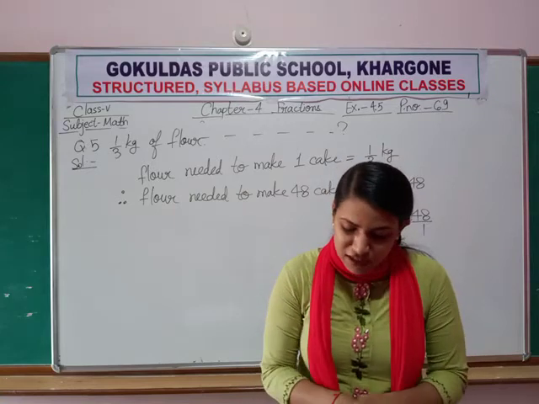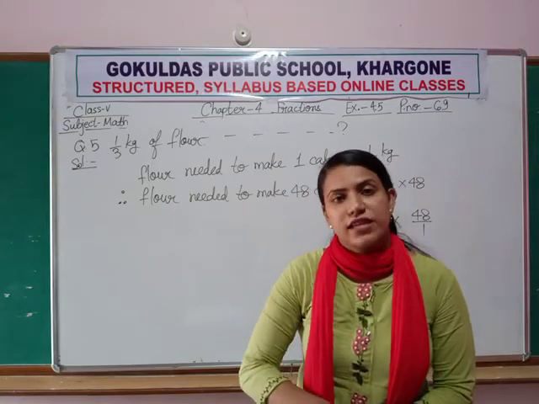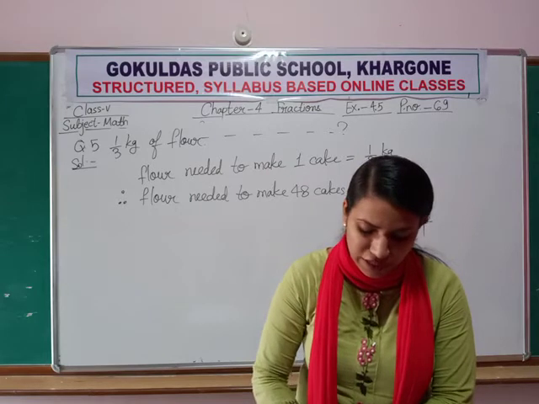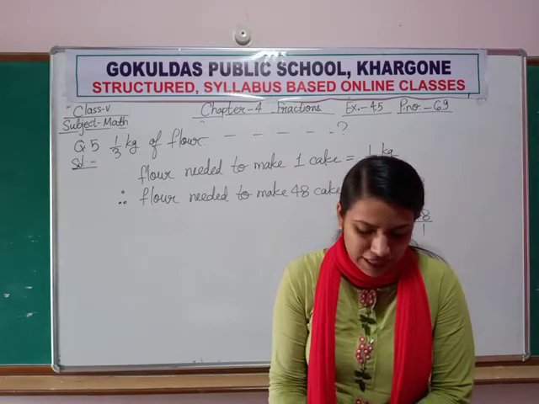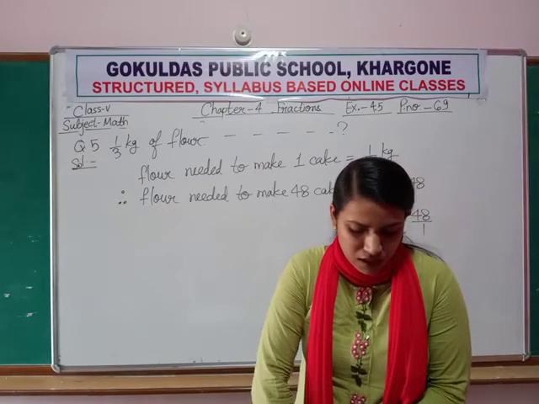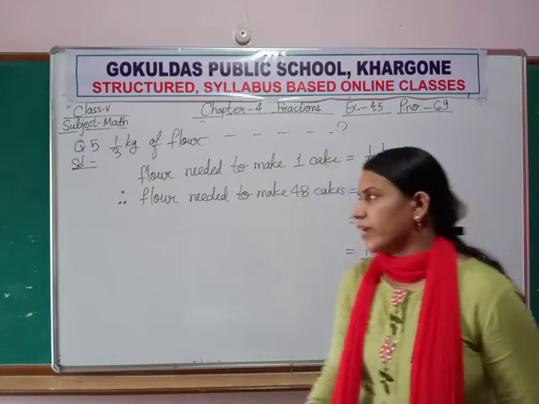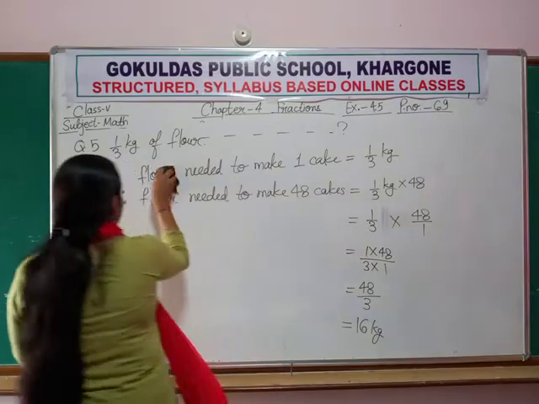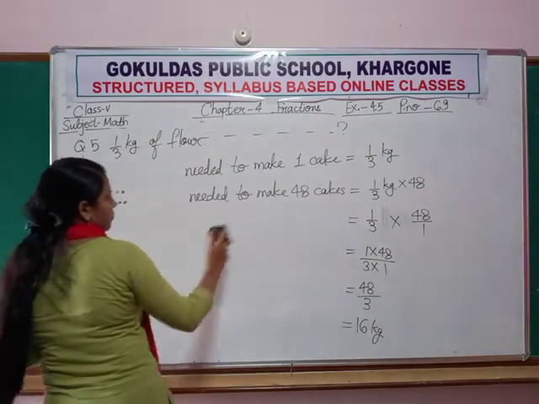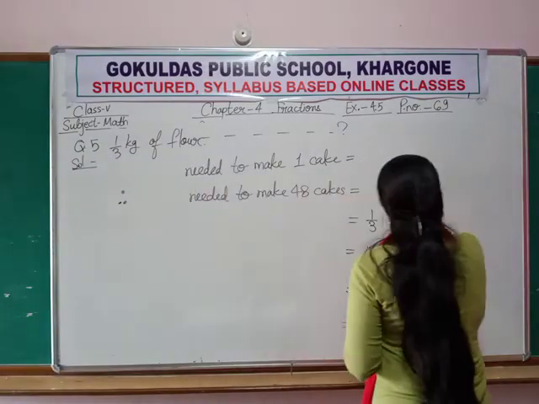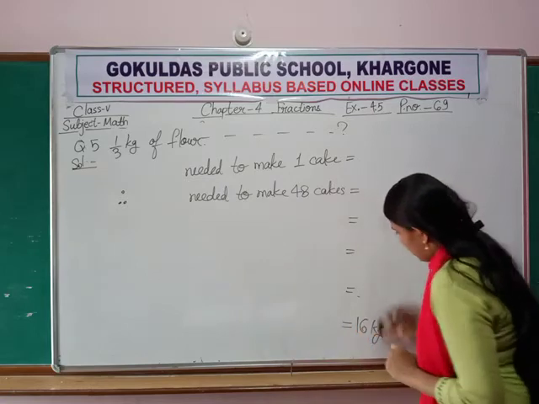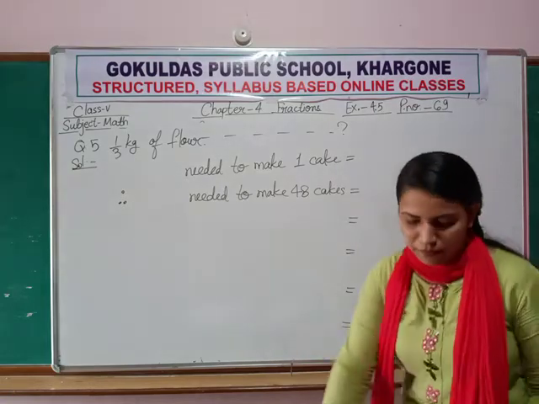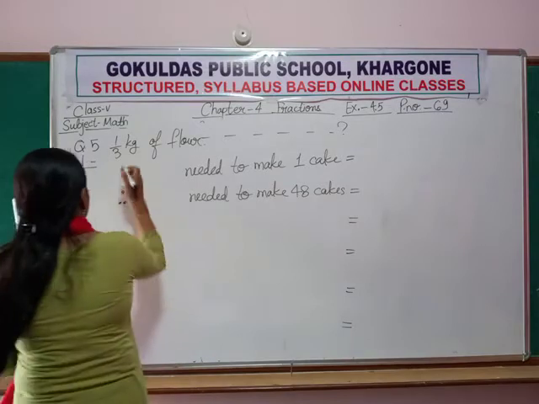But they have asked us 2 things in a single question. We need to tell them the amount of sugar also. That was for the flour. Now I am completing my question.